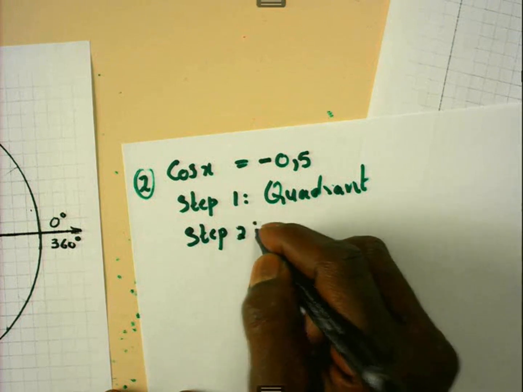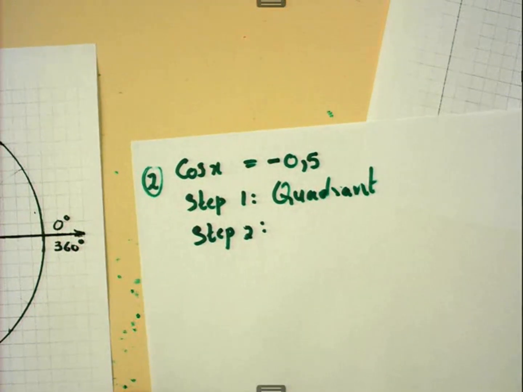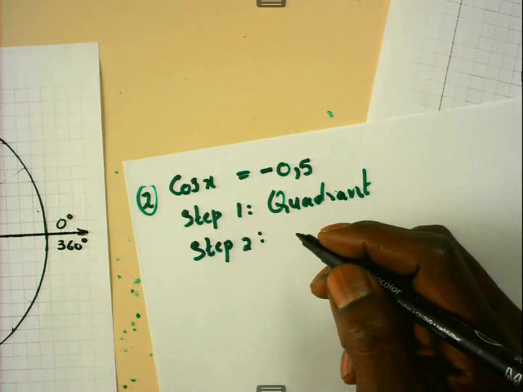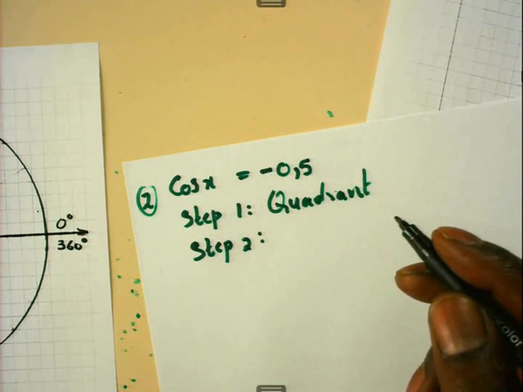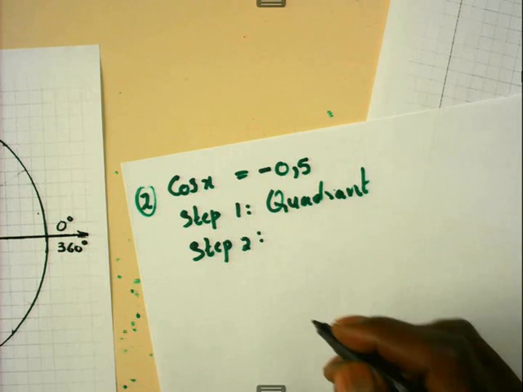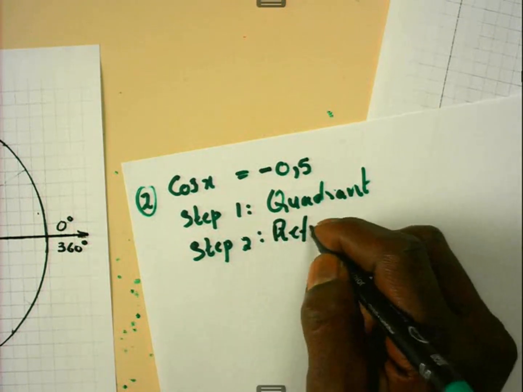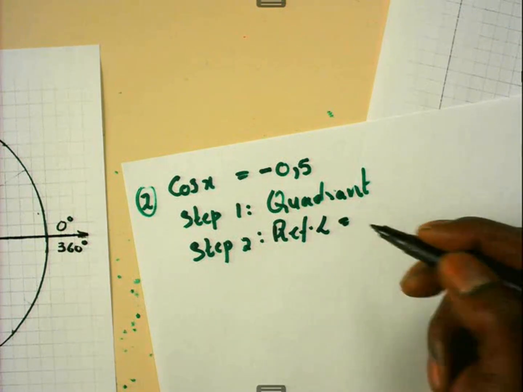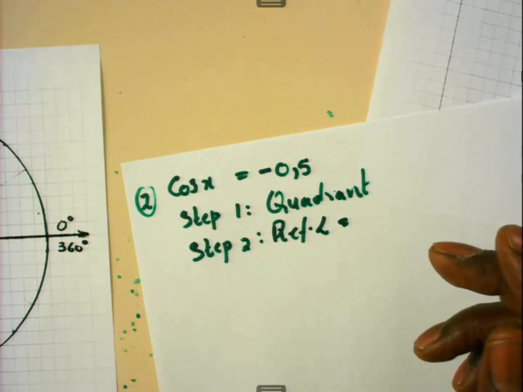Step 2, we've got our quadrant. Now we find the reference angle. Step 2, I'm going to write reference angle. And remember, how do we find the reference angle?